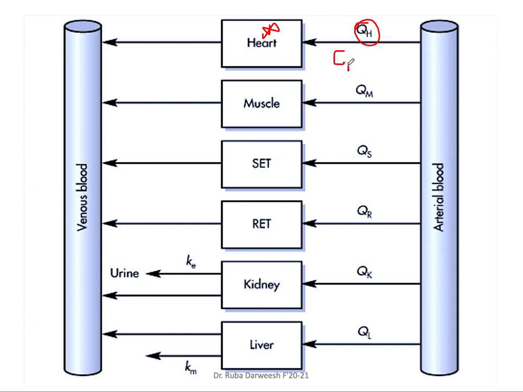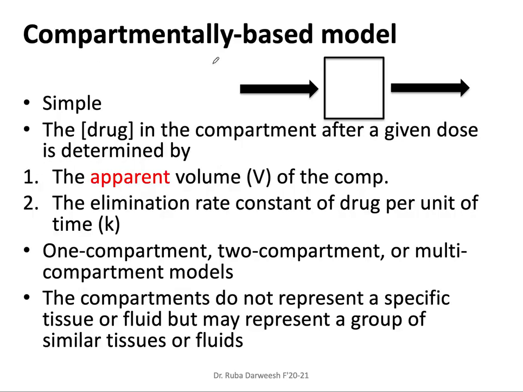We need to know the input concentration of the drug, and we need to know the output concentration of the drug, in addition to so many things that we will take into consideration later, or we will talk about in details later.